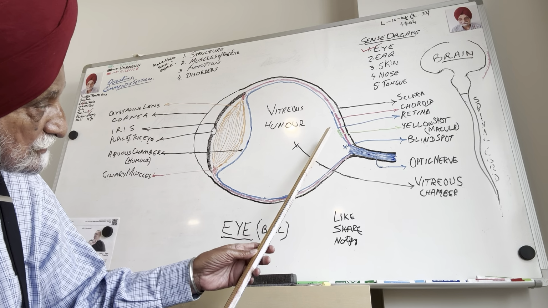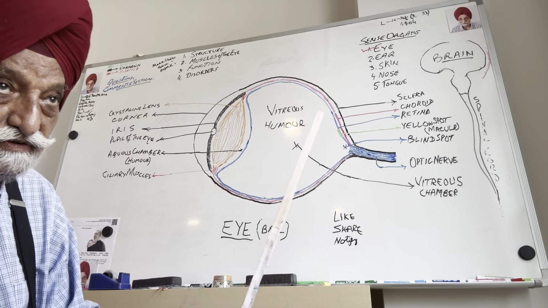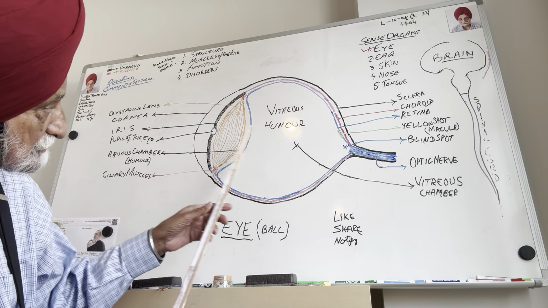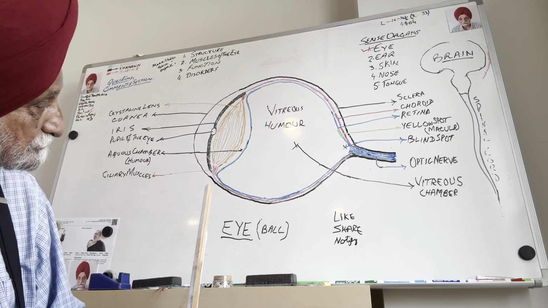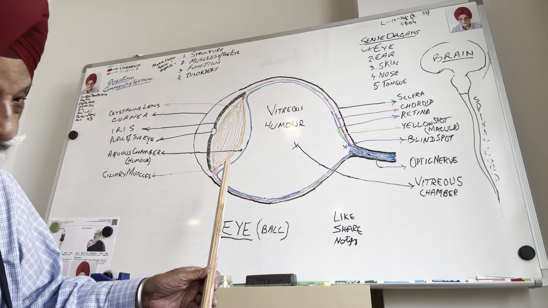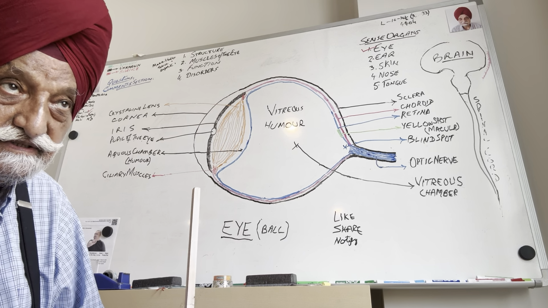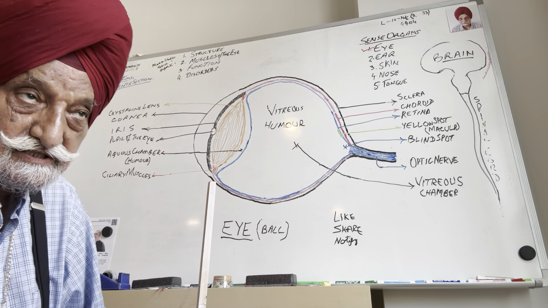Now, above the blind spot, there's a spot called the yellow spot where actually the image is formed. The rays of light, as they come, make the image at the yellow spot. Now, as I've said, the whole retina is made up of special cells which are sensitive to light, called the rod cells and cone cells.